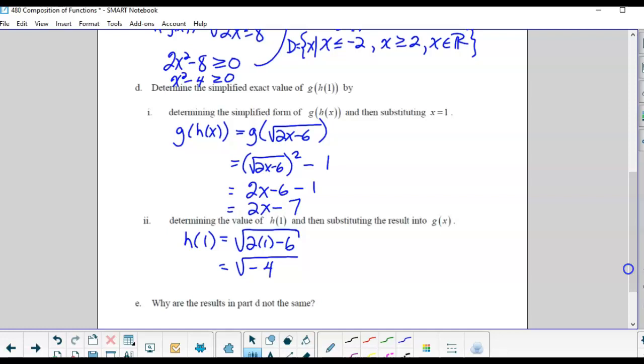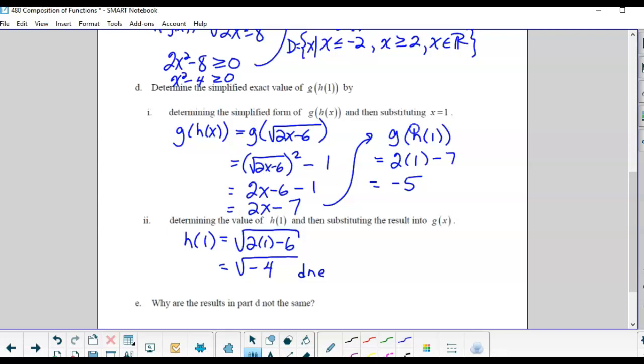Oh, you know what I forgot to do? Root of negative 4 does not exist, but I forgot to finish this off, right? So g of, okay, so we do get a value there of negative 5, but in the second part, we don't, even though we're finding the same thing.